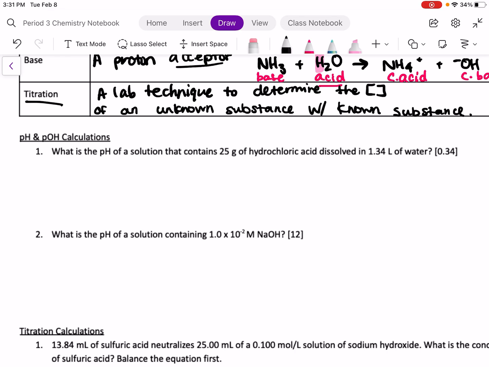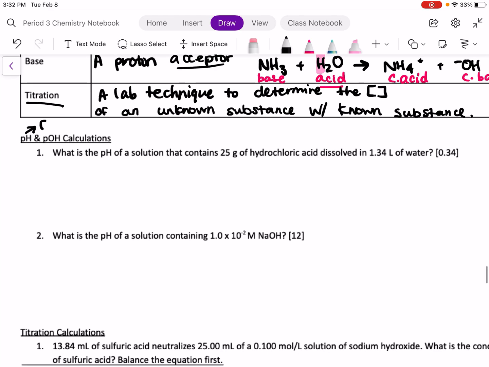So for pH and pOH, we're going to look at different calculations. Remember that pH measures the hydrogen ion concentration and pOH measures the hydroxide ion concentration. So in example 1, we're asking for the pH of a solution that contains 25 grams of HCl in 1.34 liters of water.